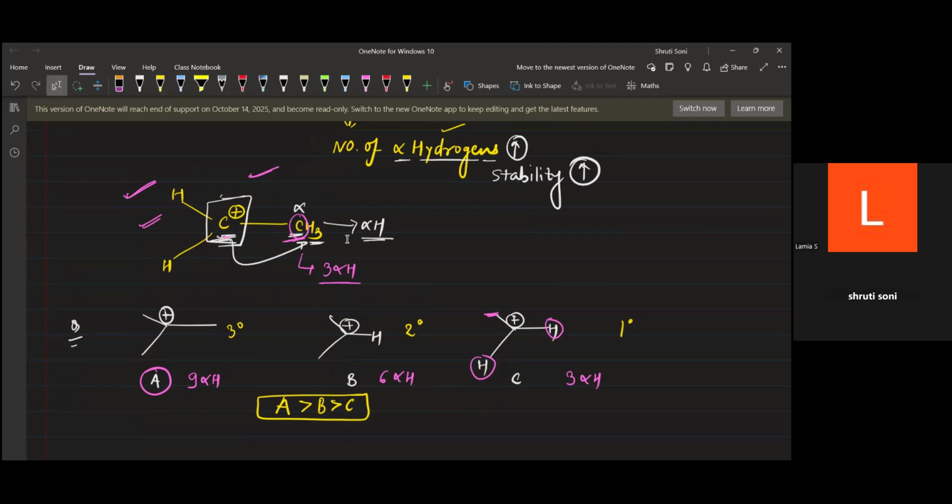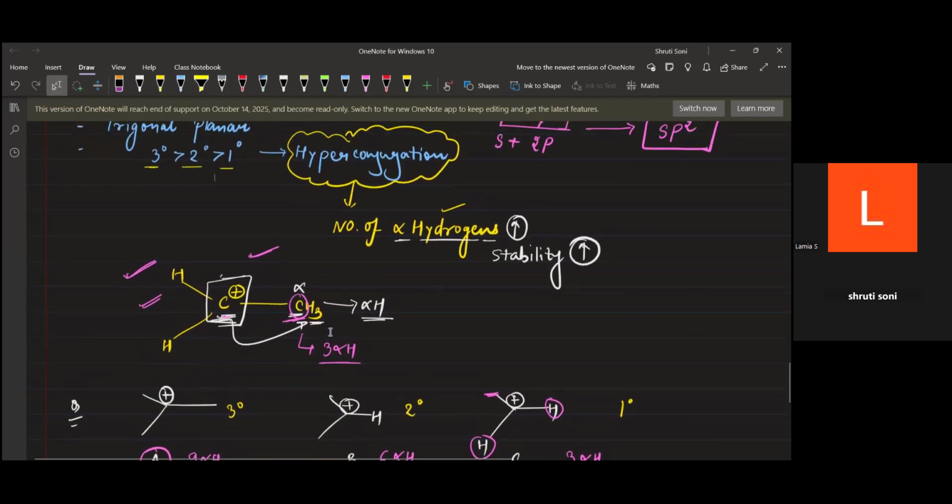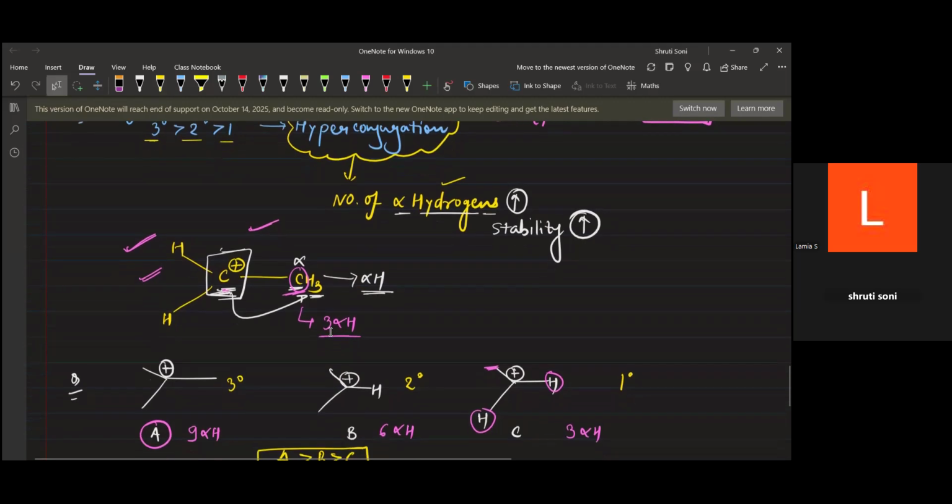How does the degree of the carbon matter in terms of stability? So the degree of carbon is a term we use because, if an examiner asks you directly, you can answer using the degree of carbon. You don't need to calculate the alpha hydrogens.